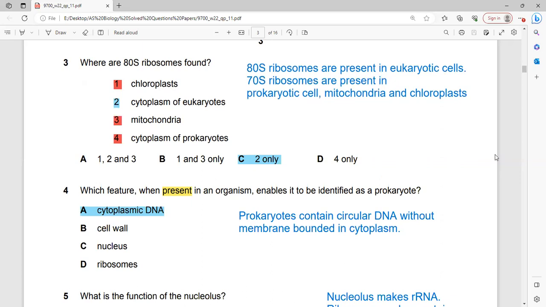One is large, 80 Svedberg, present in the cytoplasm of eukaryotic cells only. The second is smaller, 70 Svedberg, present in bacterial cells, mitochondria, and chloroplasts. The question is about 80 Svedberg ribosomes, which are present in the cytoplasm of eukaryotic cells, while chloroplasts, mitochondria, and the cytoplasm of prokaryotic cells contain 70 Svedberg. So option 2 is our correct option.